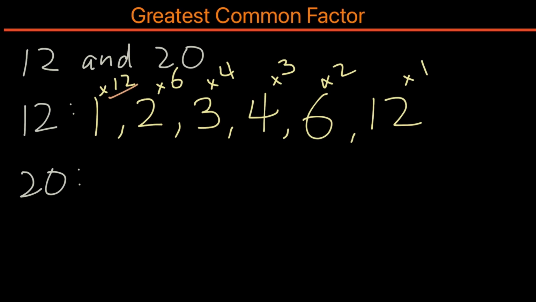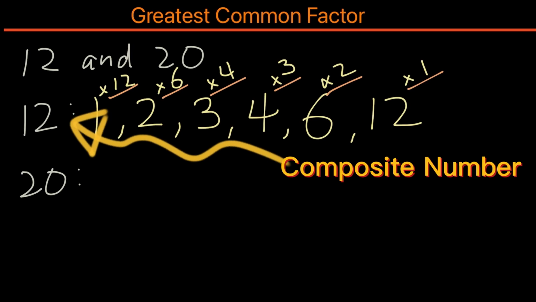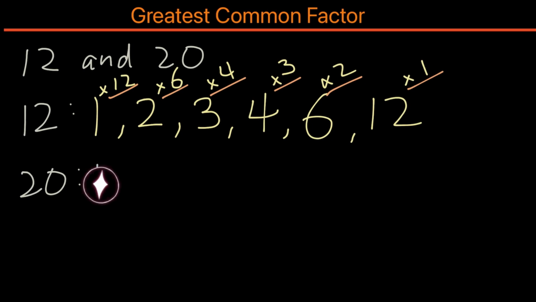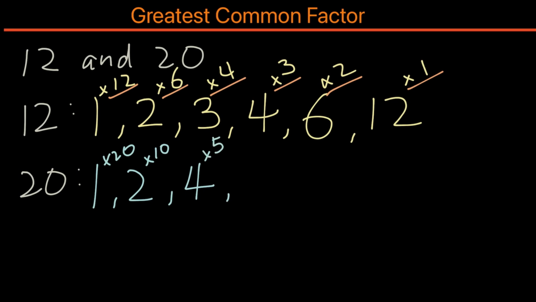These numbers above don't mean anything. It's mainly just for your reference on how we get these numbers. So we want to do the same thing for 20. So we have 1 because 1 times 20, and 2 because 2 times 10 is 20. 3 doesn't work. 4 times 5 is 20.